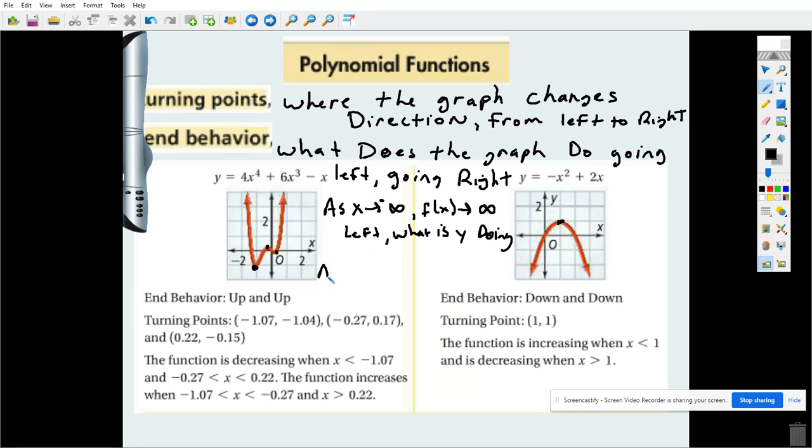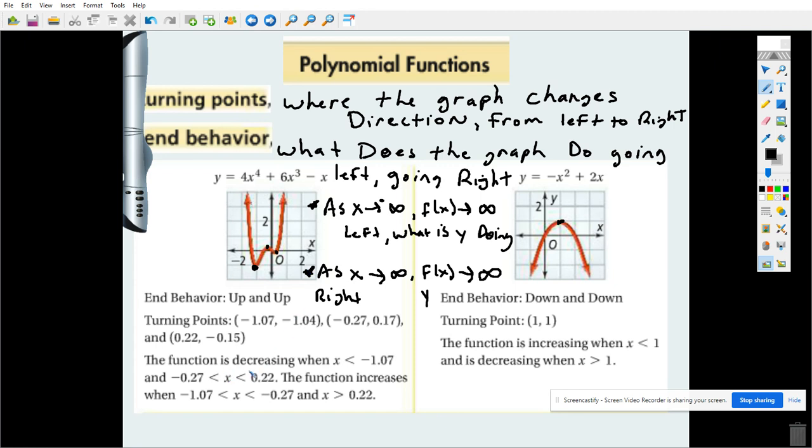And then you'll see as x goes to positive infinity, f of x goes to, which again, this says as it's going to the right, what is y doing? So this would be positive infinity. Okay, so looking at this graph, the end behavior would look like this. Okay, and you'll see this in Delta Math.